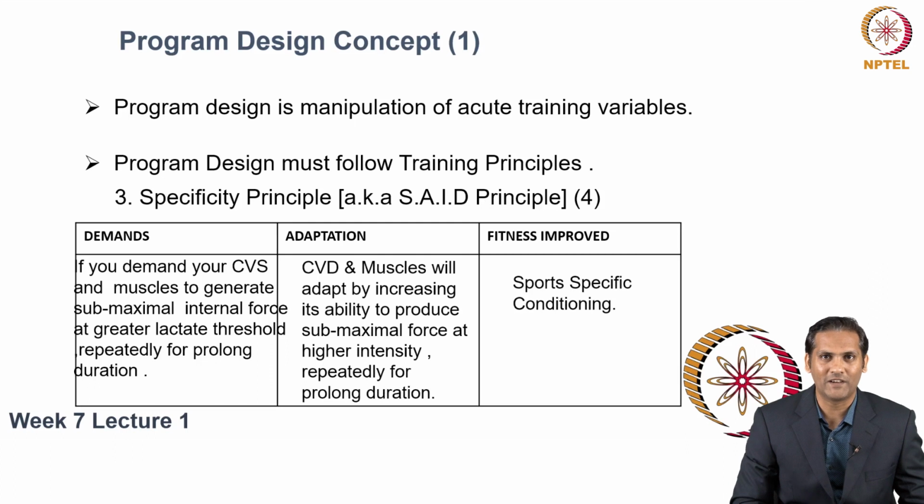And this fitness is called your conditioning fitness performance. So in short, if you want to apply the principle of specificity, you need to match the demands with the adaptation. And these demands can be applied using the drills and exercises that you plan in a program.